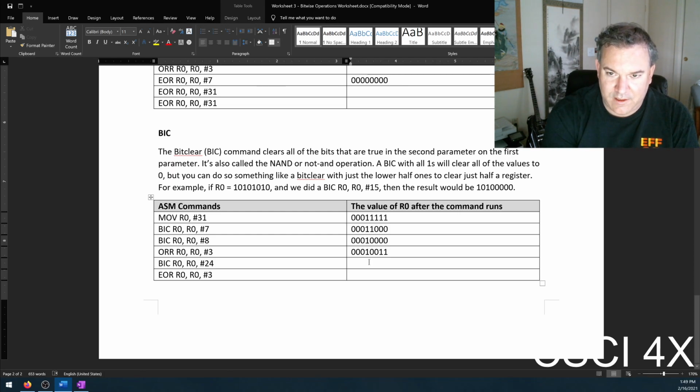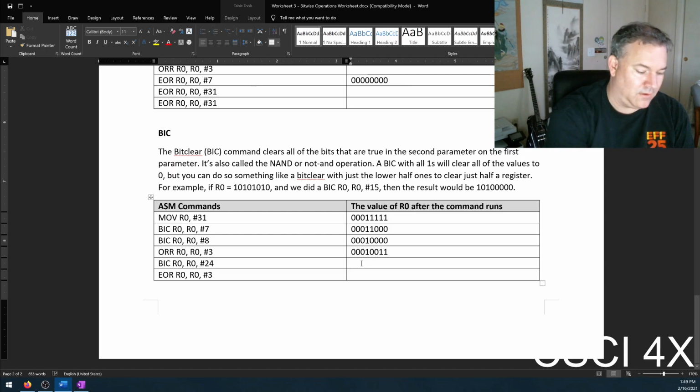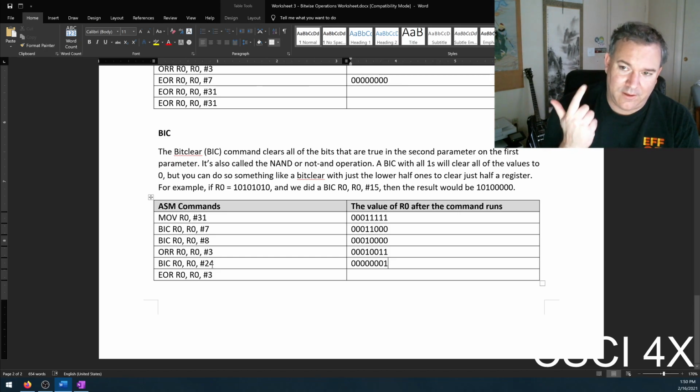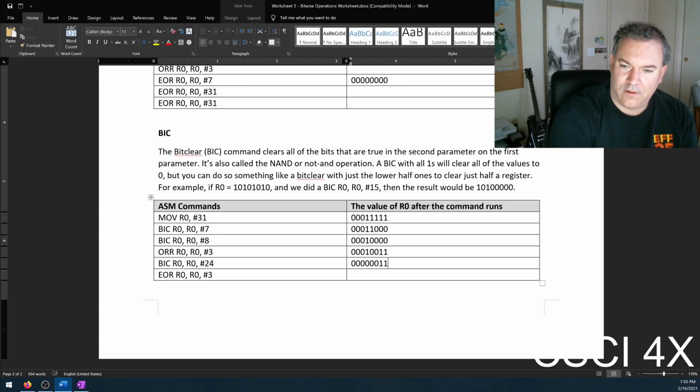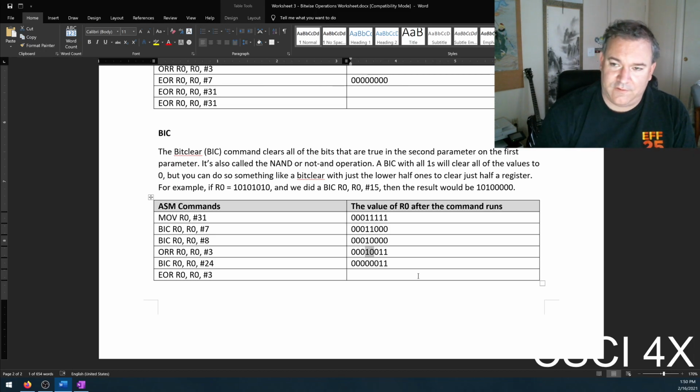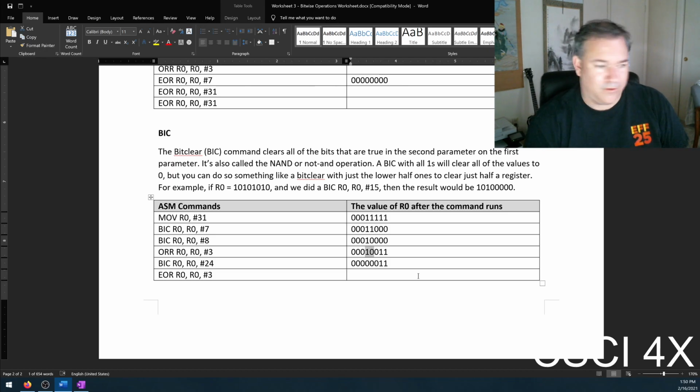So when you do a bit clear with 24, that clears the 16-bit and the 8-bit, sorry, 16 and 8. So these 2 bits get cleared. If it's already cleared, it stays cleared. Okay, so that is bit clear. It just erases, sets to 0, whichever bits you pass in the third one.